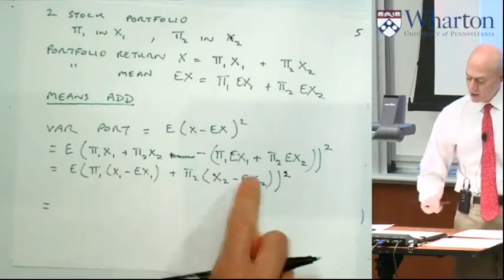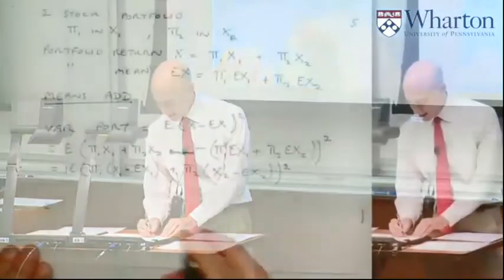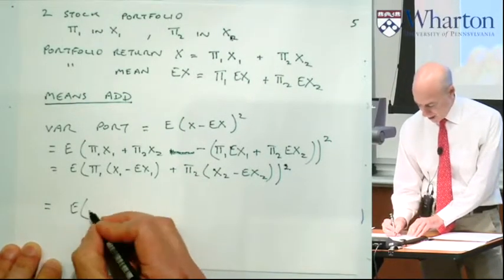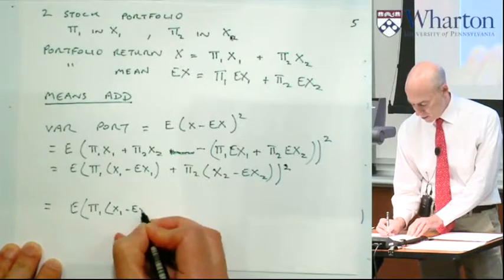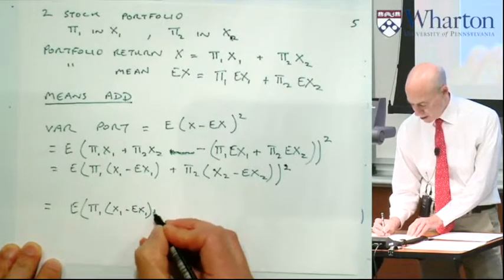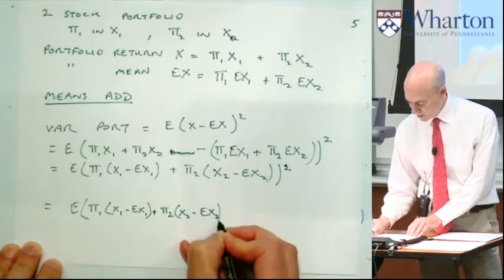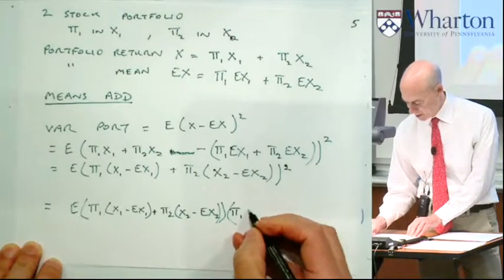Now what we're going to do is to multiply out these brackets. So let's just write that so we've got the term. We're going to take pi 1 (x1 minus EX1) plus pi 2 (x2 minus EX2), and we're going to multiply that by the same thing because it's a square.